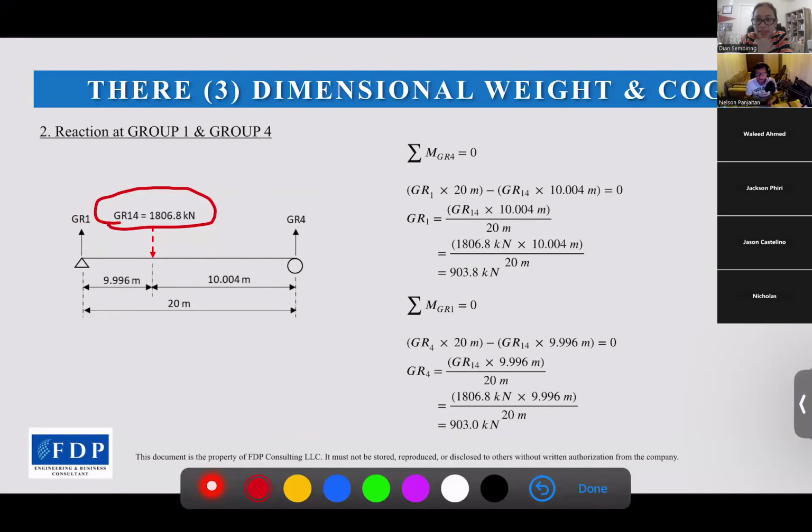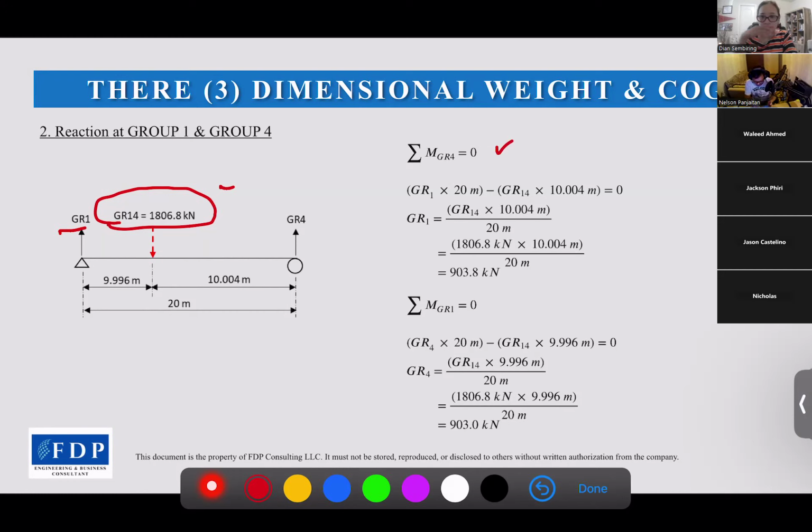To find group 1 we use the total moment at group 4 equals 0. What are the moments acting at group 4? There is group 1 times 20 meters minus group 1-4 times 10.004 meters. So we got group 1 is 903.8 kilonewton.